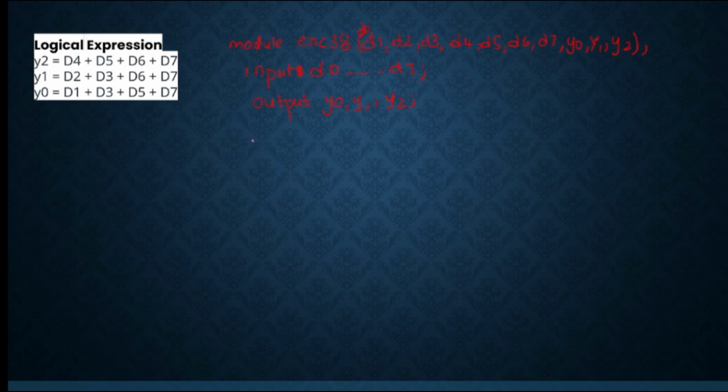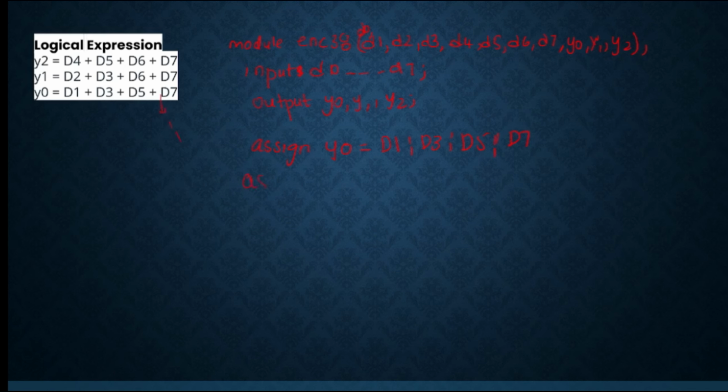Now coming to the logic. First write assign. I am starting with Y0. Assign Y0 equal to D1 or D3 or D5 or D7. Since it is plus, it is OR.